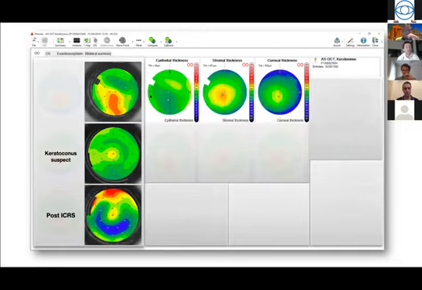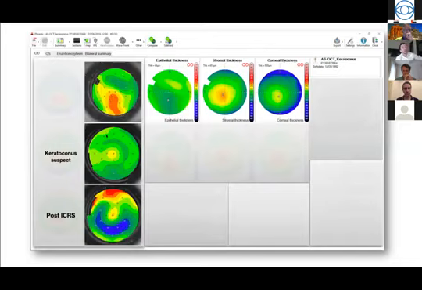But if I change the scale, that is also possible with the MS-39, this exact same map looks like this map that is more in correspondence with the maps that we see of elevations and thinning, like the stromal, corneal, and now here the epithelial map.